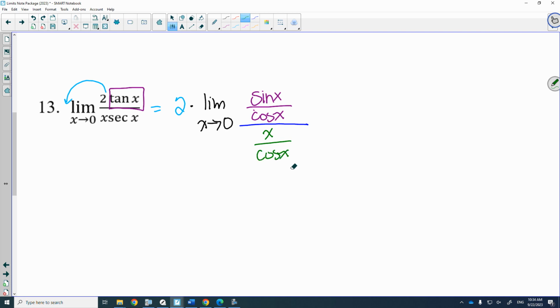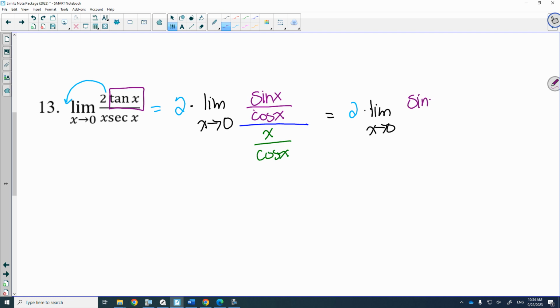Okay, let's rewrite this. Instead of dividing, let's just multiply it by the reciprocal. Or you could do your complex fraction and multiply top and bottom by cos of x. But I'm just going to rewrite it by multiplying by the reciprocal.